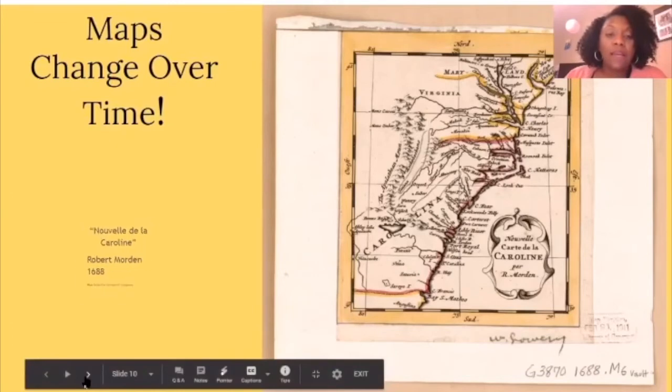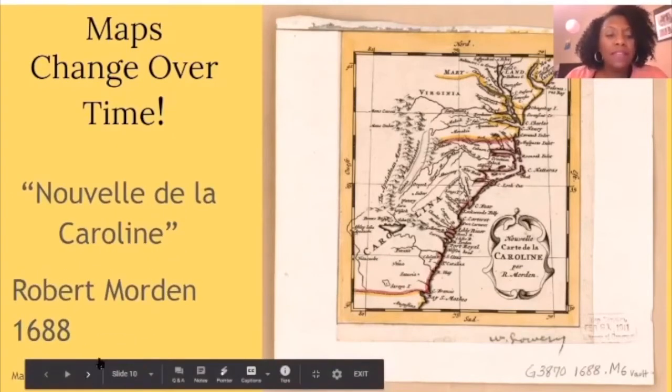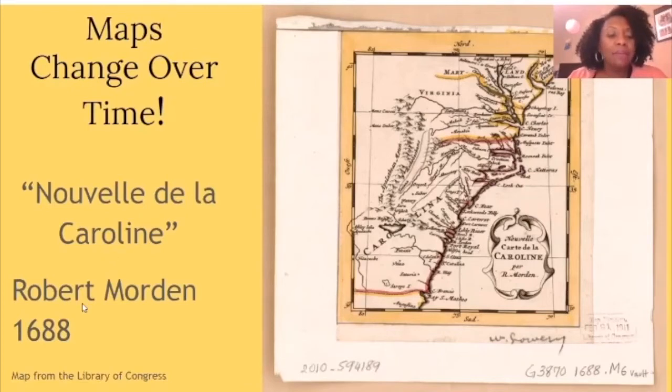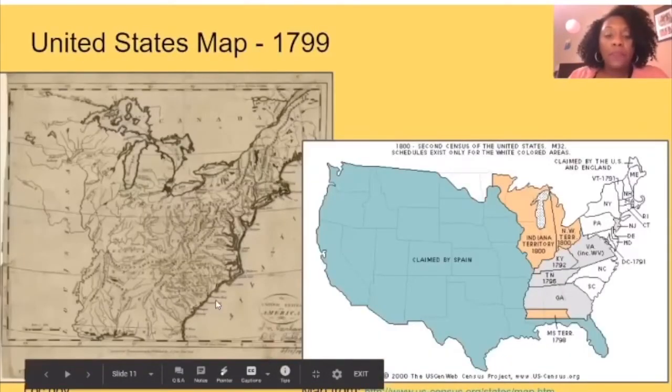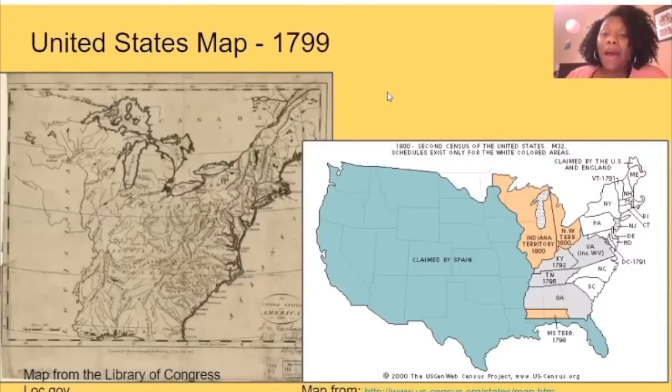Now, if we go a step further, this is a map called Nouvelle de la Caroline by Robert Morden from 1688. And I got that from the Library of Congress. But if we go a step further, let's look at these next two maps. This is actually another map that came from the Library of Congress. This shows how by the late 1700s, the boundaries of the United States had changed dramatically.